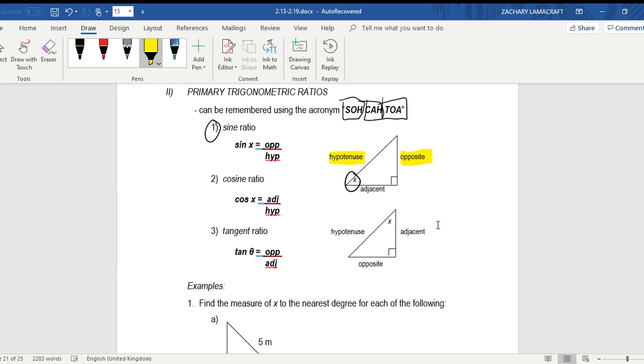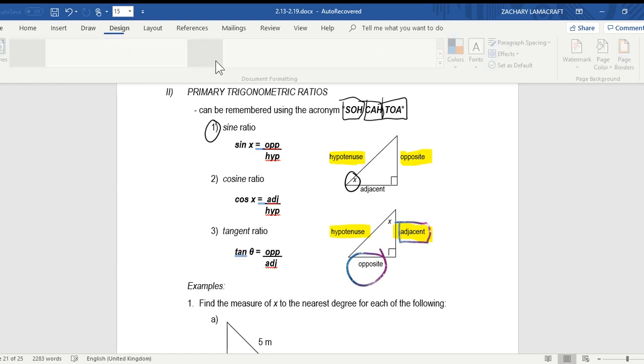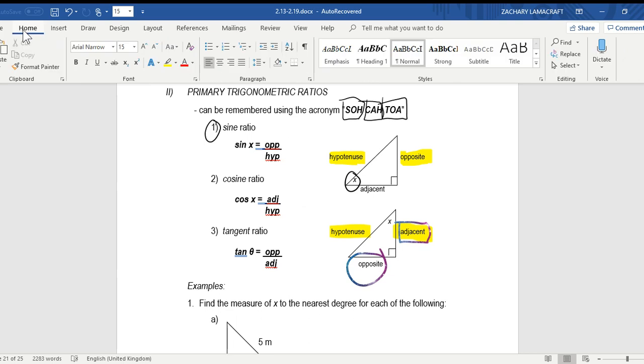If I have cos X for this side, I would be using this next triangle here, the adjacent and the hypotenuse. And if I have tan, I'd be using the opposite over the adjacent. So I can use any of the trigonometric ratios based on what I have.